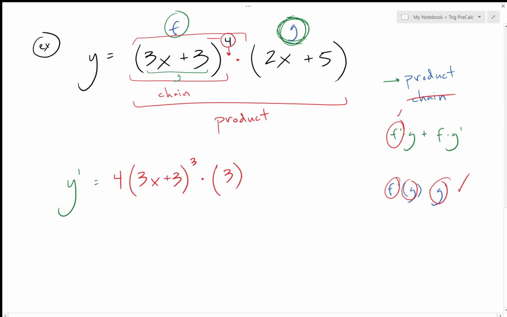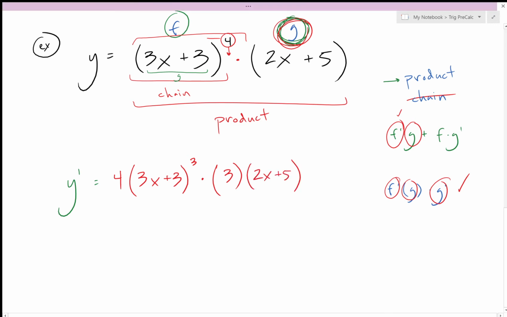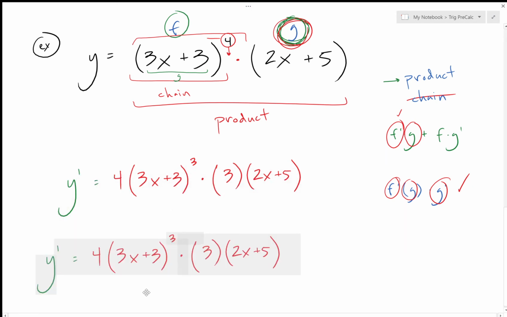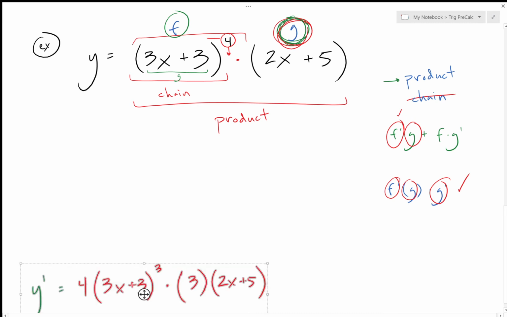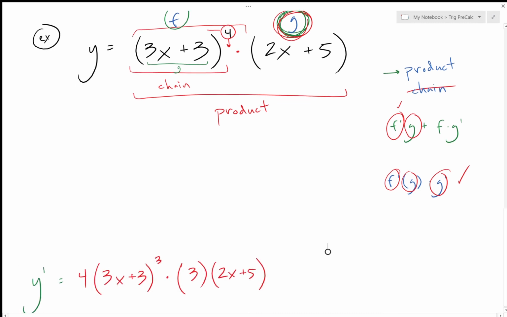So we've done this part. Now we've got to multiply that by g. So now we're thinking about the product g. So multiply it by 2x plus 5. And I'm going to have to move this down because I'm about to run out of room, and I need a little bit more room for this. Okay, just because I wrote the rules over there.